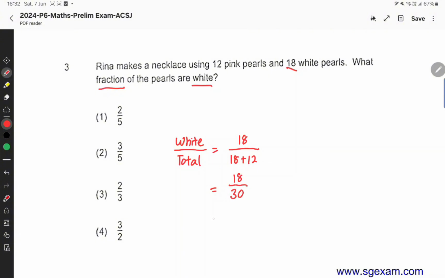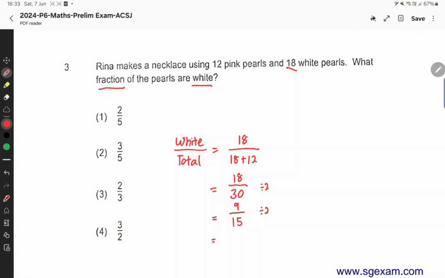From here, we need to divide our fraction. There are 2 ways we can do this. The first way is to divide by the simplest factor we can find. In this case, 18 we divide by 2, and 30 we also divide by 2. 18 divided by 2 is 9, and 30 divided by 2 is 15.